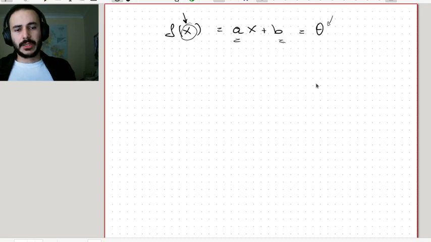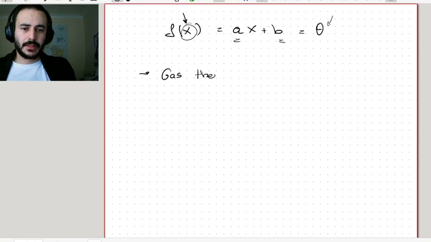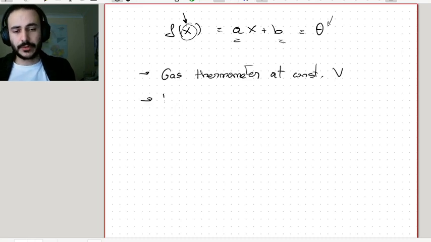Okay, and we are going to take by convention the gas thermometer at constant volume, and we are going to express the temperature in Kelvin.